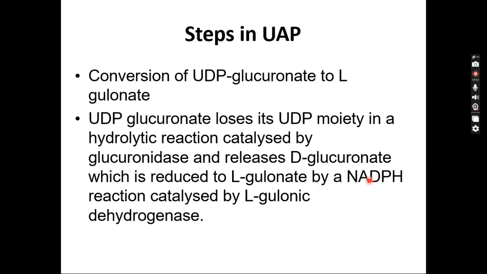This is an NADPH reaction catalyzed by L-gulonate dehydrogenase. So the NADPH is the cofactor in this reaction where D-glucuronate is reduced, and the enzyme involved is the uronic acid dehydrogenase. That's the enzyme involved in this reduction reaction.